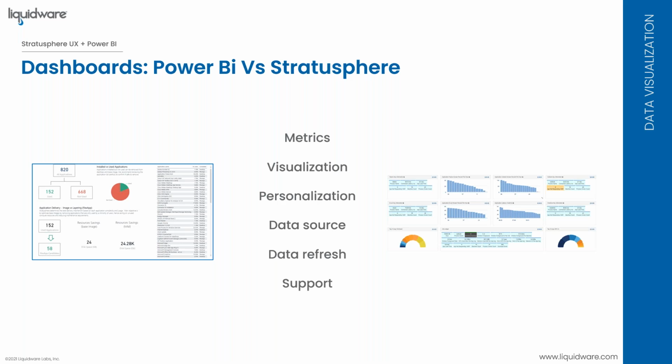The first one is metrics. If you're looking only at the raw metrics and the dashboard you want to build only has information from Stratusphere, or do you want to add data from another source or calculated fields?